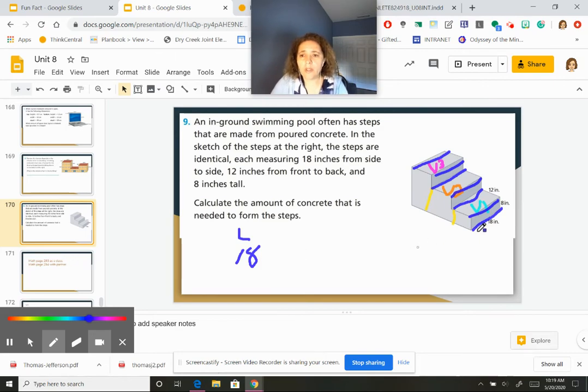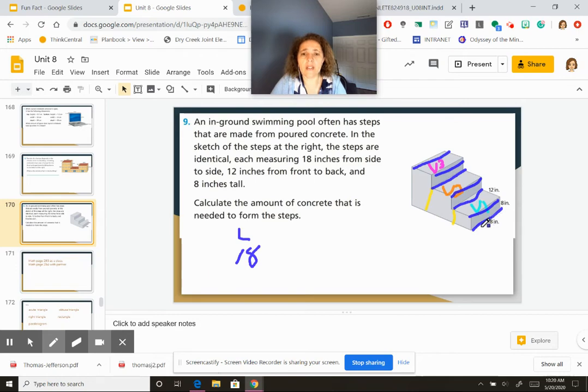Okay, so here's the length, here's the length, and it tells me it's 18. So no matter which volume, volume 1, volume 2, or volume 3, my lengths are all going to stay the same, 18, right?